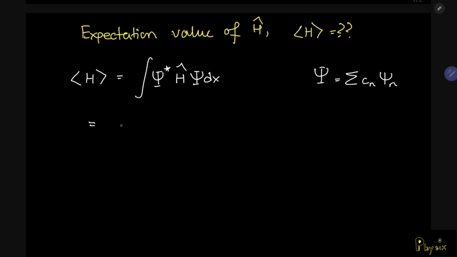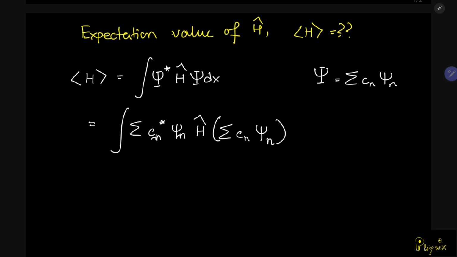So we can put that back in over here, and we get that this is basically the summation of c_n star psi_n, the Hamiltonian applied to the summation of c_m psi_m dx. So these are m's, and the ones in this summation are n's. n's and m's are dummy indices over here that we will get rid of later on.